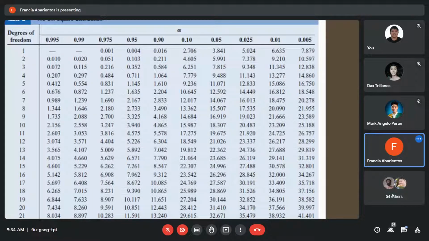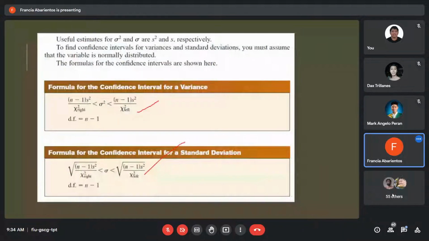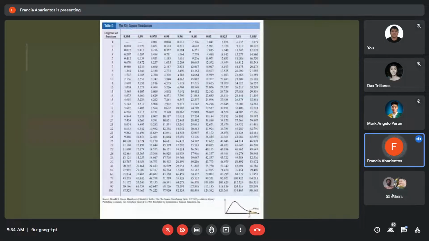Is that right? Oh, the degrees of freedom is actually 19. 19 and 0.05. 19, this is it. 0.05, 0.975.